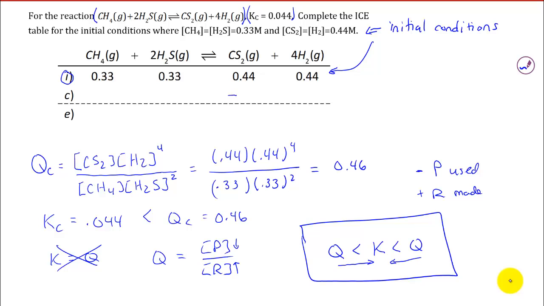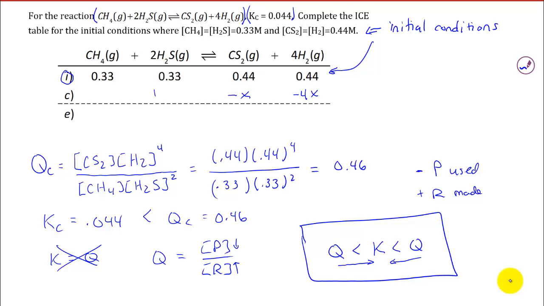For every X CS2s that are used, I'll use 4X of H2. Why the 4? Once again, I come back to the stoichiometric coefficient. The recipe says I need 4 of them. Every time one of my CS2s is used, I need 4 of these H2s.